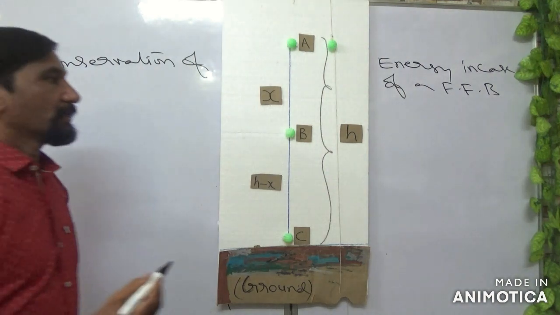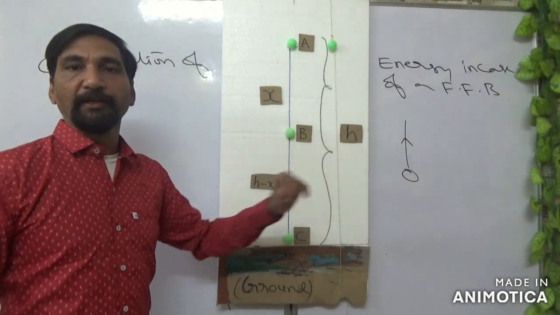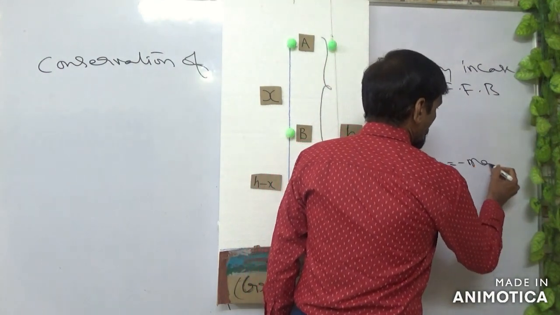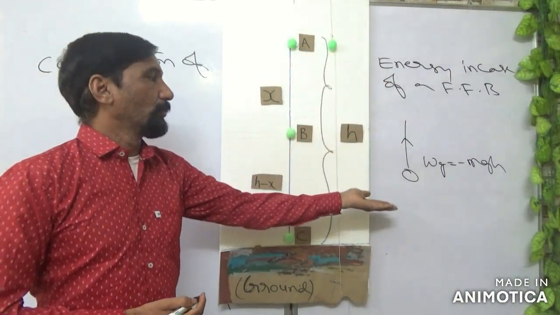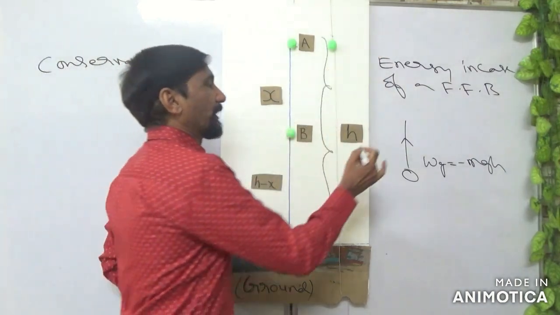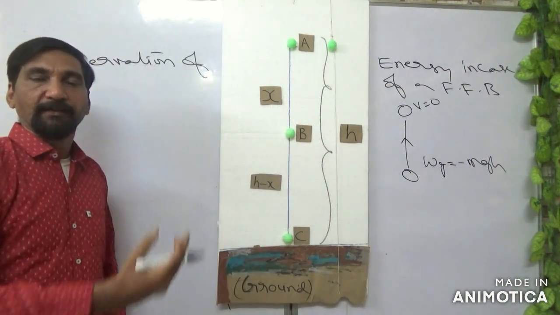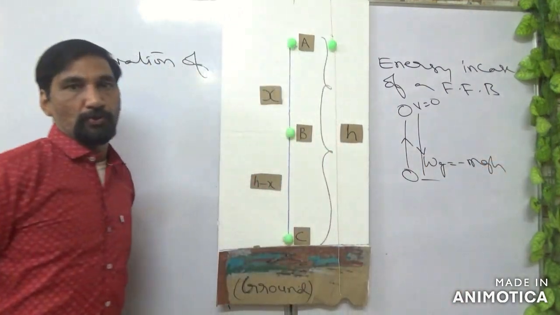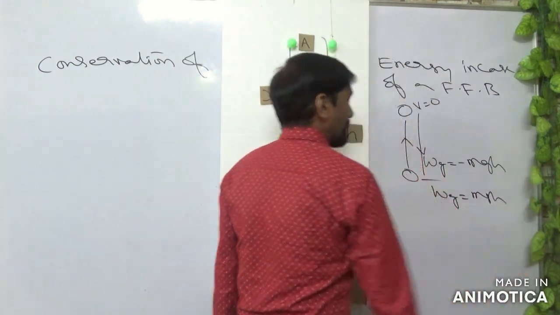For example, when you are throwing a body vertically up against gravitational force, work done is minus mgh, because it is moving against gravity, so slowly it rises to some height. At a particular point its final velocity becomes zero and again it returns to the ground only due to the influence of gravitational force. Then work done in this case is plus mgh.